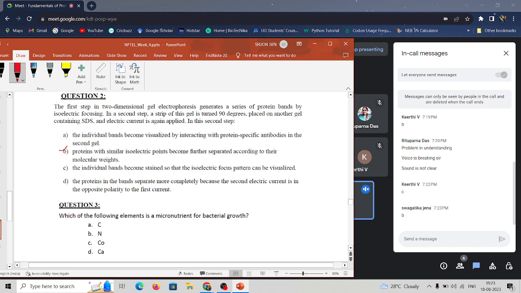So what are macronutrients and micronutrients? Macronutrients are mostly needed by the bacteria to create its functional proteins.